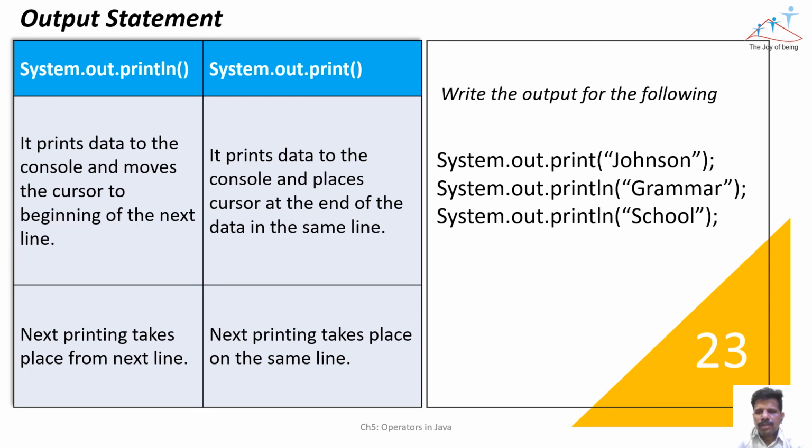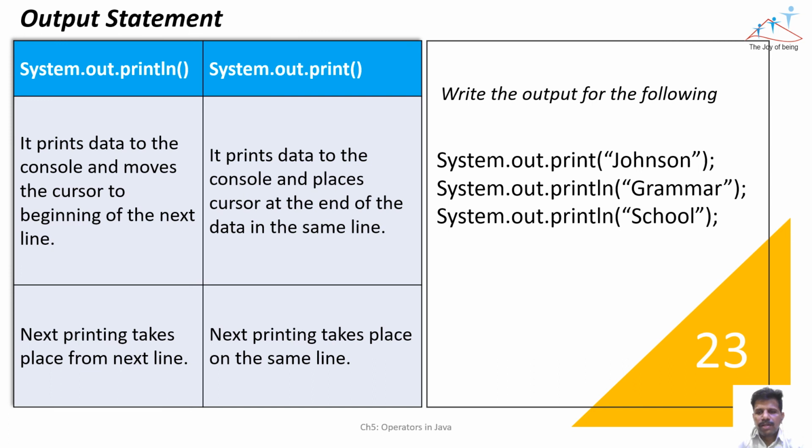Since one more print statement is there, which is going to print grammar, grammar will be printed on the same line only, that is Johnson grammar. Since it is println, after printing grammar, the cursor will be moved to the next line. One more println statement is there, which prints school in the next line, and then the cursor moves to the next line again. So it will print Johnson grammar on the first line and school on the next line.